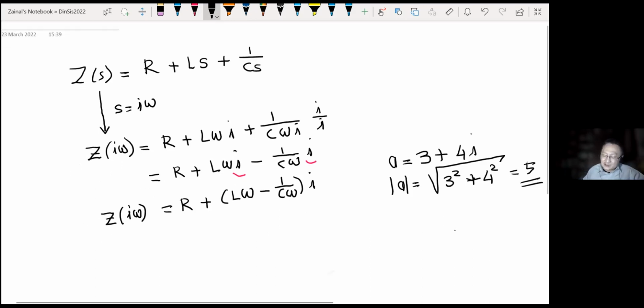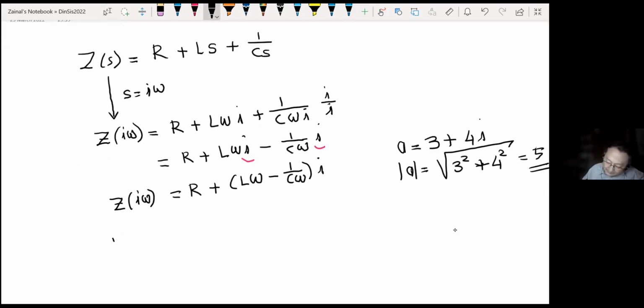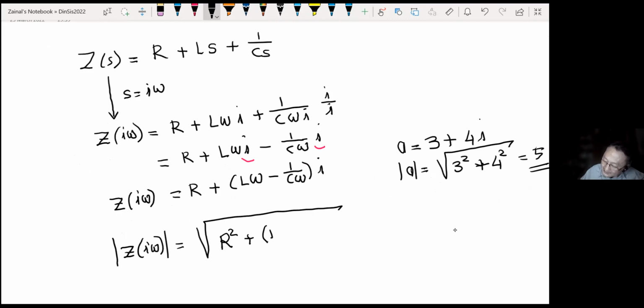So the magnitude of the impedance Z I omega is the same as the square root of R squared plus L omega minus 1 over C omega, all squared.